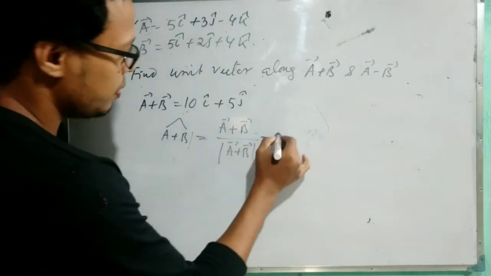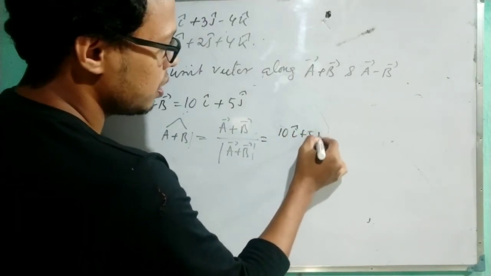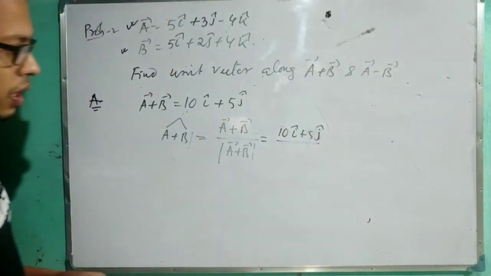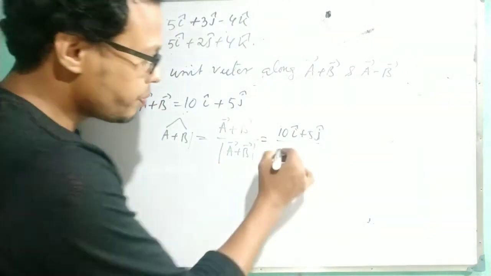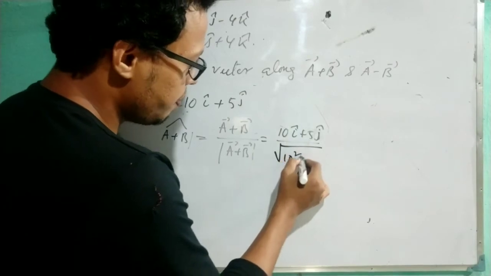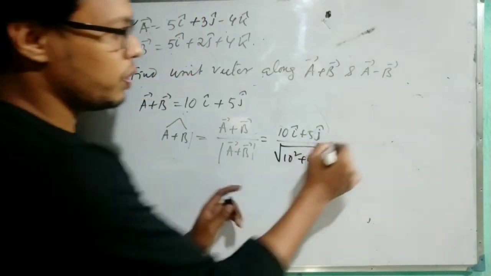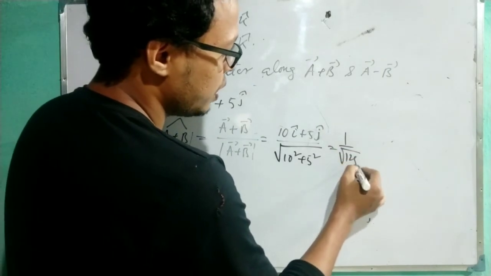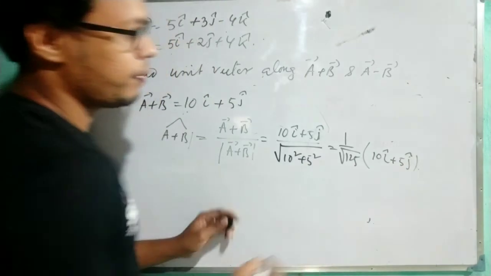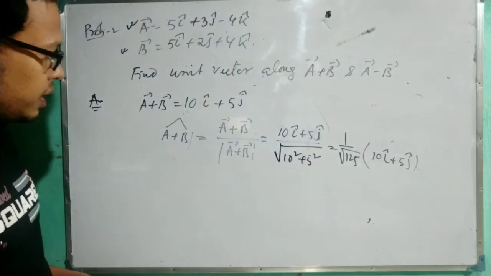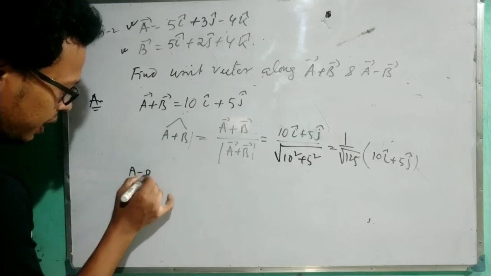This will be 10i plus 5j divided by the modulus of A plus B, which is root over 10 square plus 5 square, that is 100 plus 25, 125. So we can write 1 by root over 125 into 10i plus 5j. This is the answer.